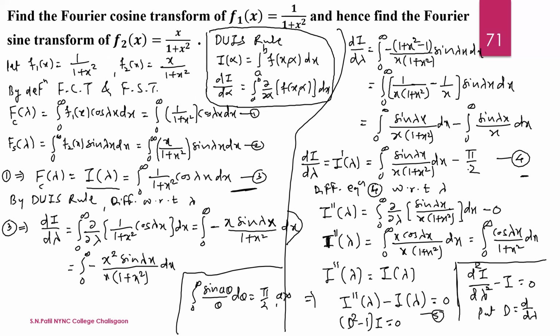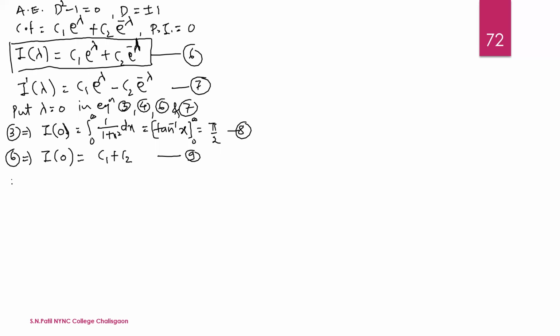So here minus pi by 2 is remaining, that is I dash 0 is equal to minus pi by 2, and the same value we substitute in 7. Equation 7: I dash 0 is equal to c1 e raised to 0 is 1 minus c2 e raised to 0 is 1. Now this is equation 10 and this is equation 11.